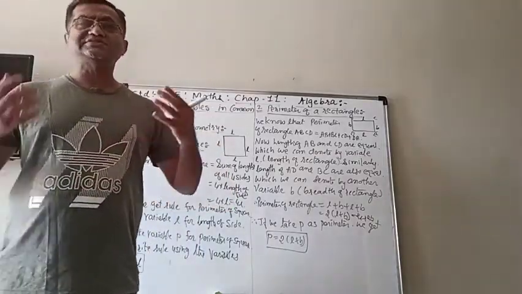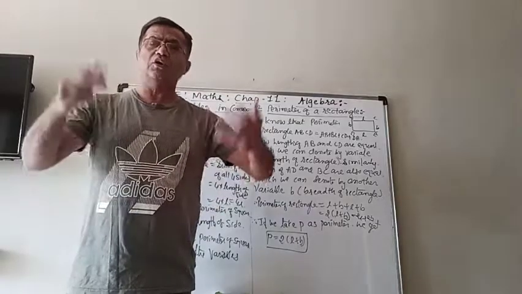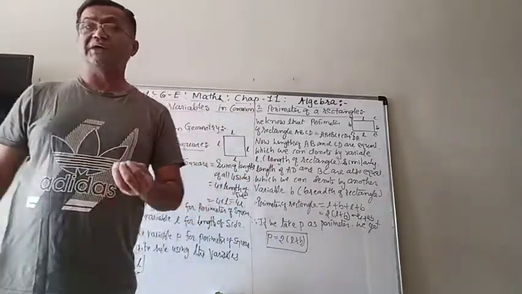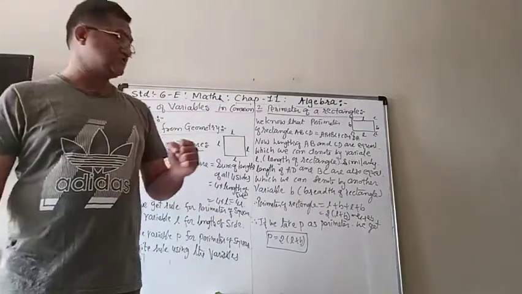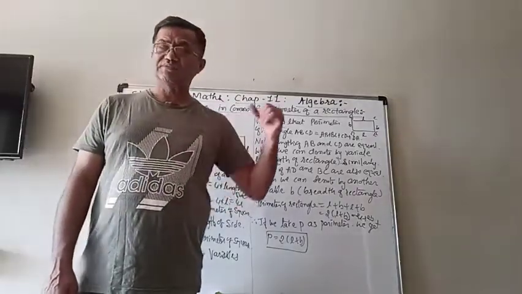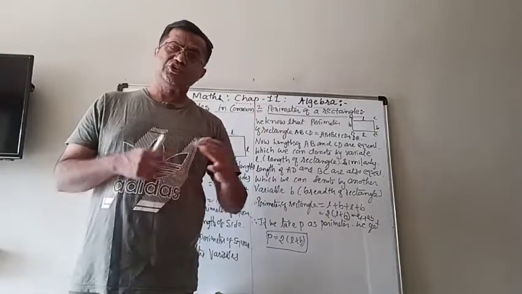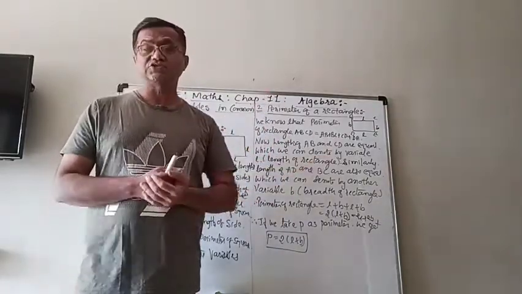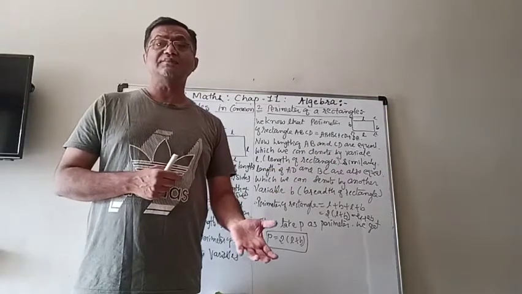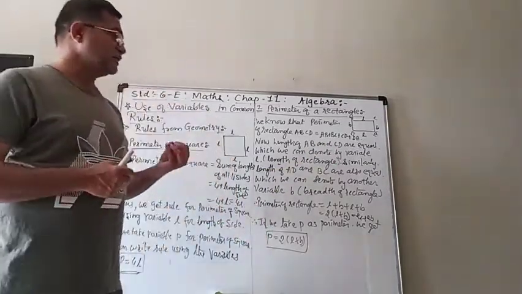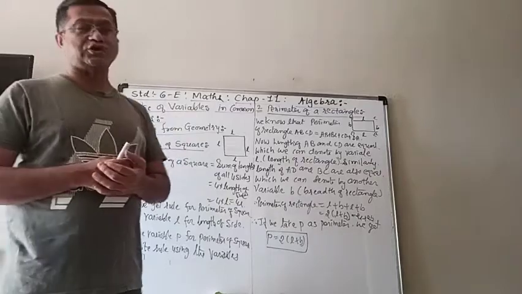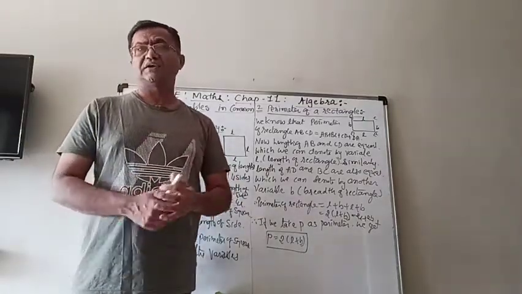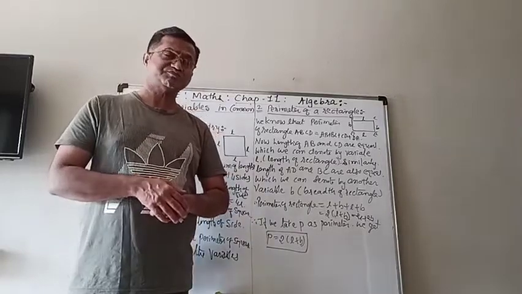Similarly for 3D shapes, when you go into detail in higher standards, you will have to learn formulas which use these variables. So algebra is used in geometry also. Similarly, it will be used in some arithmetical problems also, which we will understand in the next video.